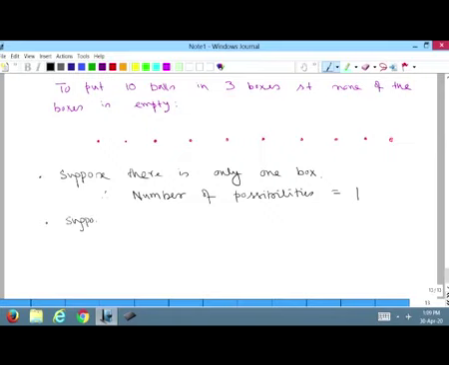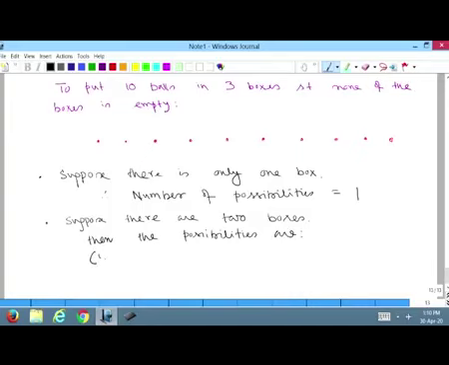Suppose there are 2 boxes, then the possibilities are one in the first box, 9 in the second box, 2 in the first box, 8 in the second box.